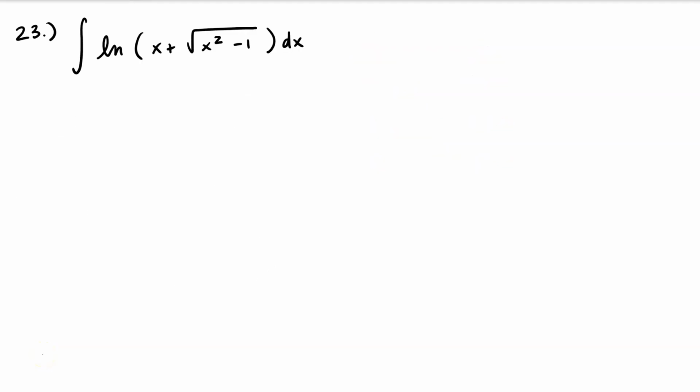For question 23, we have the integral of the natural log of x plus the square root of x squared minus 1 dx. In this question, we're going to end up using integration by parts. I'm going to go ahead and let u equal the natural log of x plus the square root of x squared minus 1.